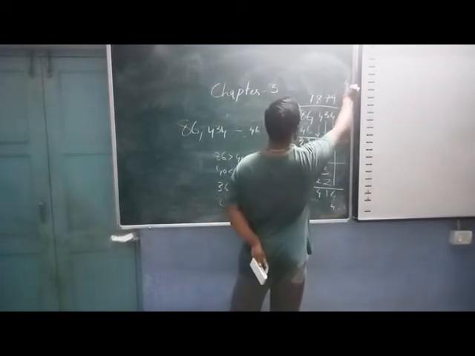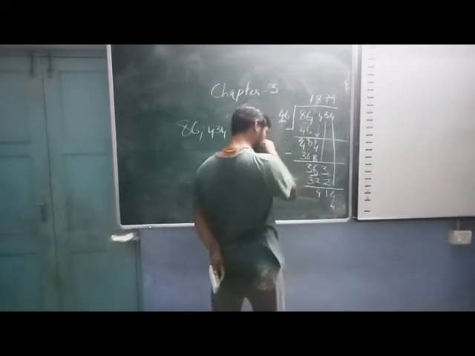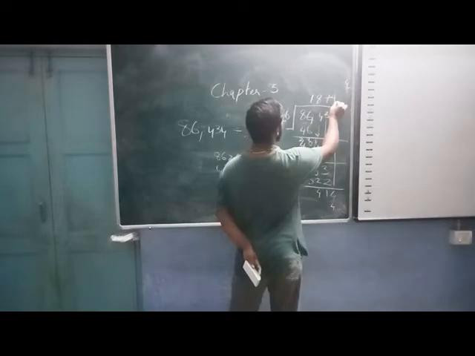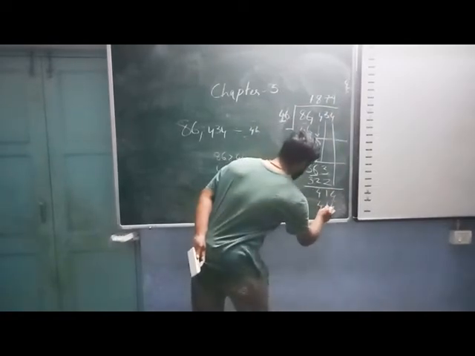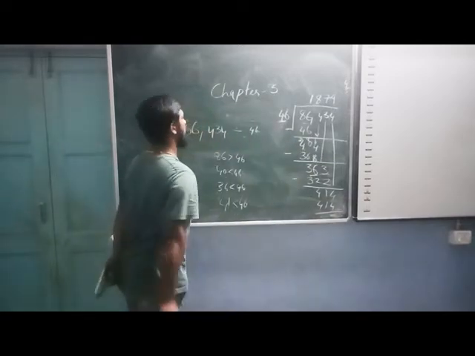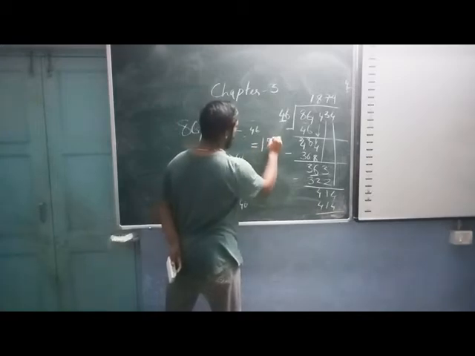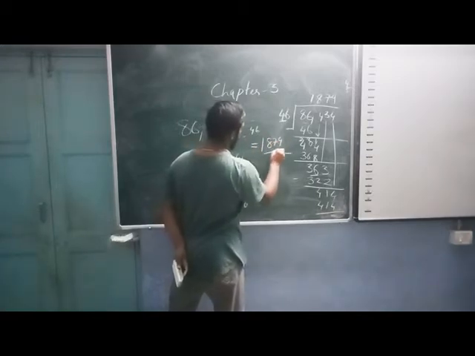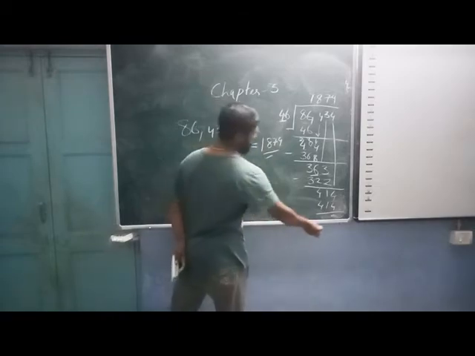We have balance 5. 9 4s are 36. 36 plus 5 is 41. So we have 0. So our answer is 1879 is the quotient, the Q, and the remainder is 0.